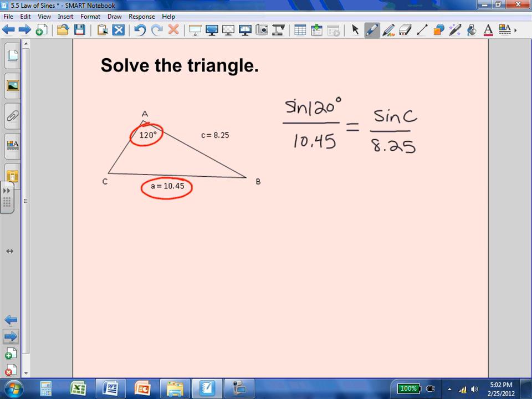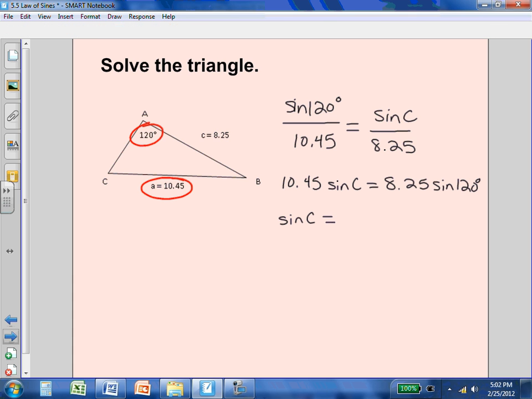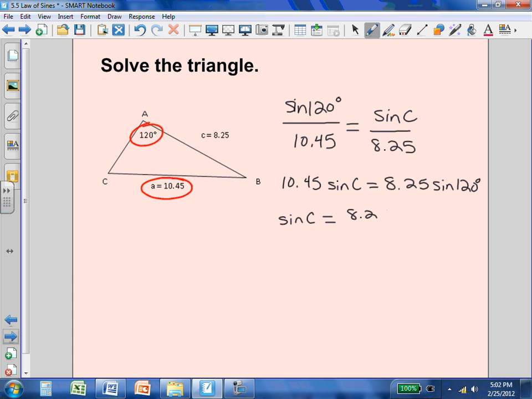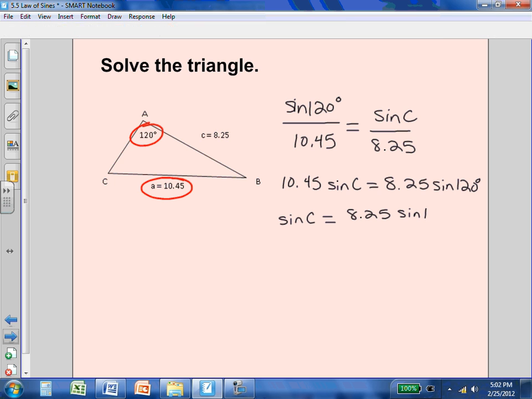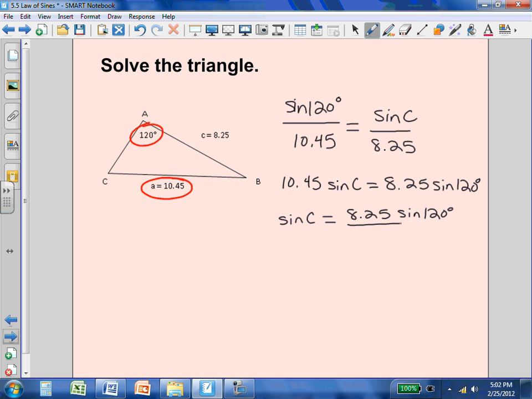Since it's a proportion, I'm going to cross multiply as a quicker way of solving this. So I have 10.45 times the sine of angle C is 8.25 times the sine of 120 degrees. So my next step, I have the sine of angle C is 8.25 times the sine of 120 degrees, and I divide by 10.45.